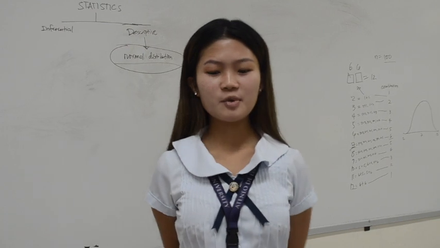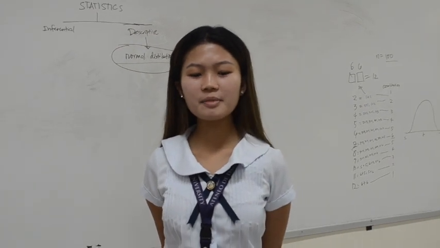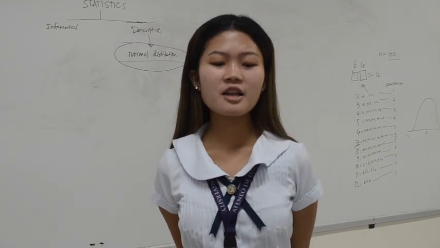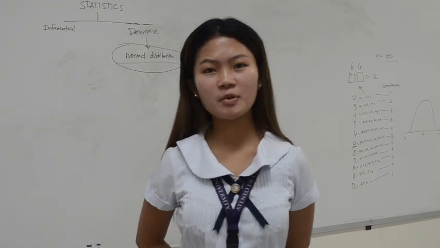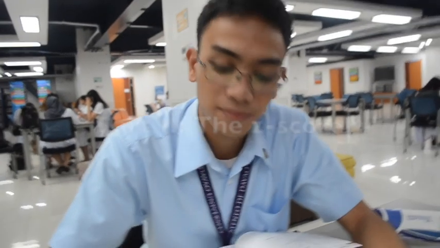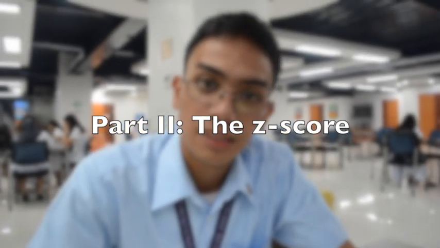A normal distribution is a kind of descriptive statistic that describes the most probable outcome of a given data set by determining the mean. Since we've determined the normal distribution of the two dice, we're going to find the z-score of the normal distribution.